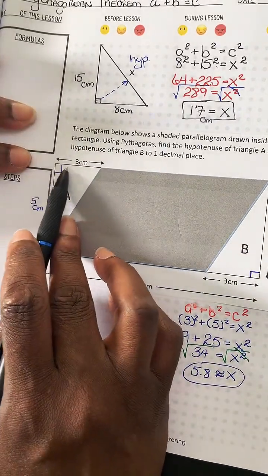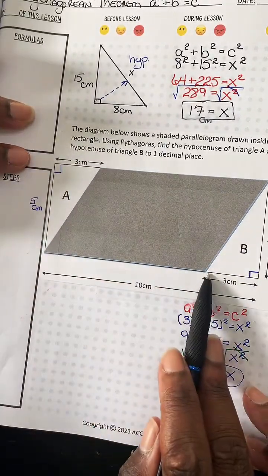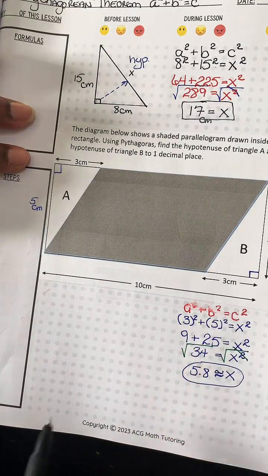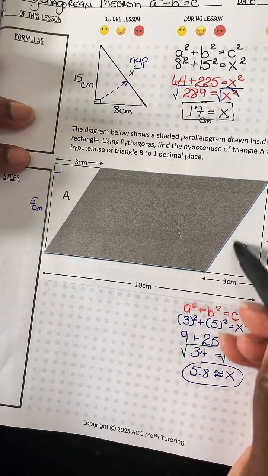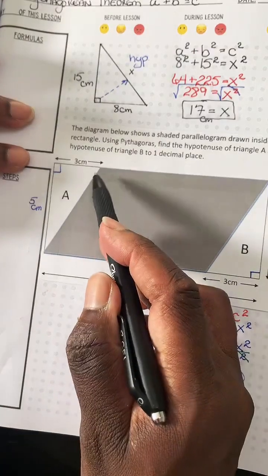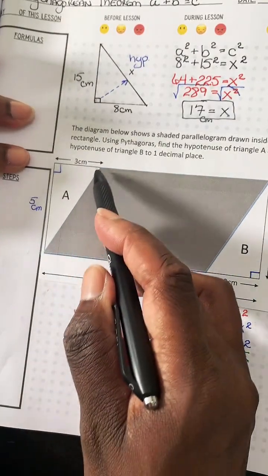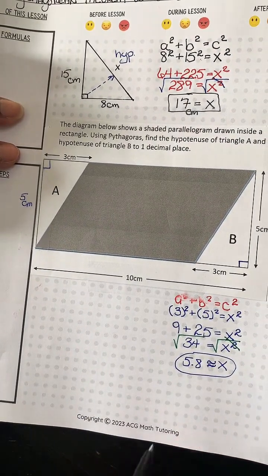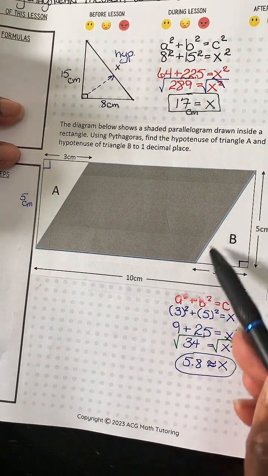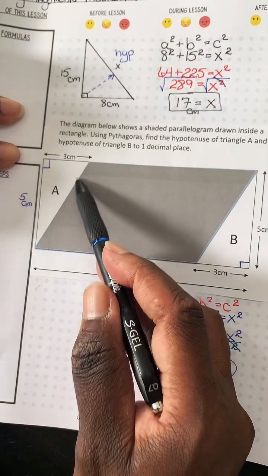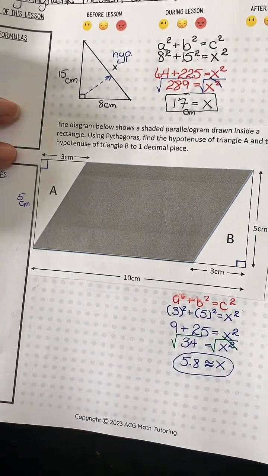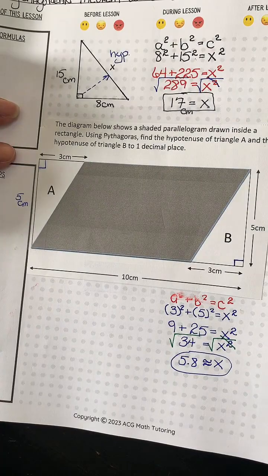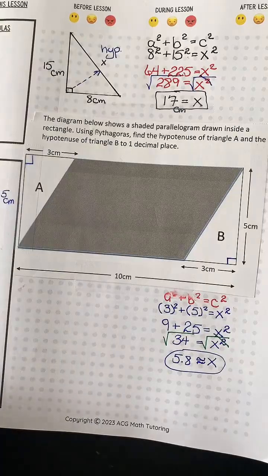This piece is 3 centimeters, and this piece is also 3 centimeters. So if this is roughly 5.8, this is roughly 5.8. Whatever we get for the hypotenuse for B is going to be the same for the hypotenuse of A. Nice.